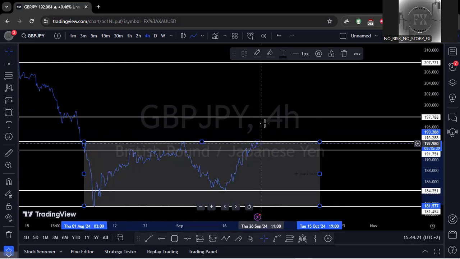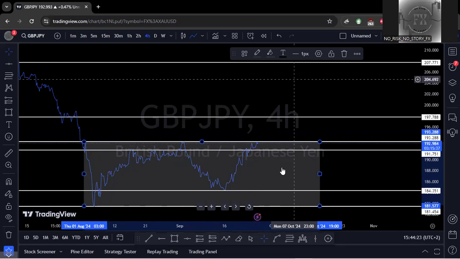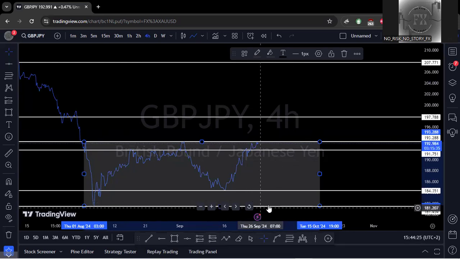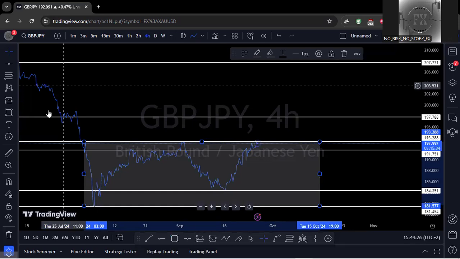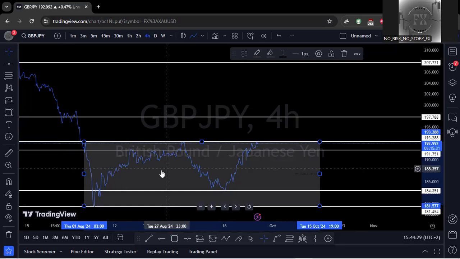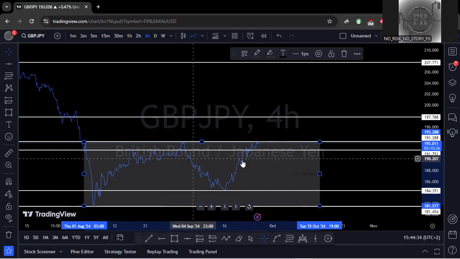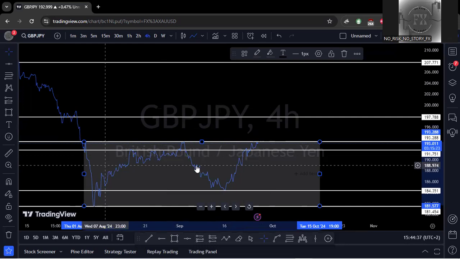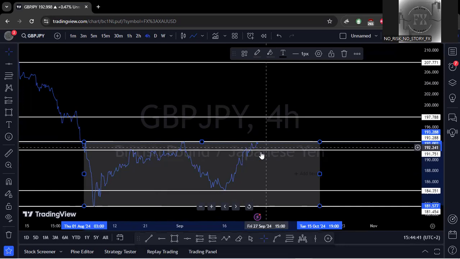The market hasn't broken above to make the biggest move, and it hasn't broken below to continue with the big move that it made here. So I can see that we are in a consolidation area, right? But in this consolidation area, we can also find areas where we can enter the market and capitalize on them.